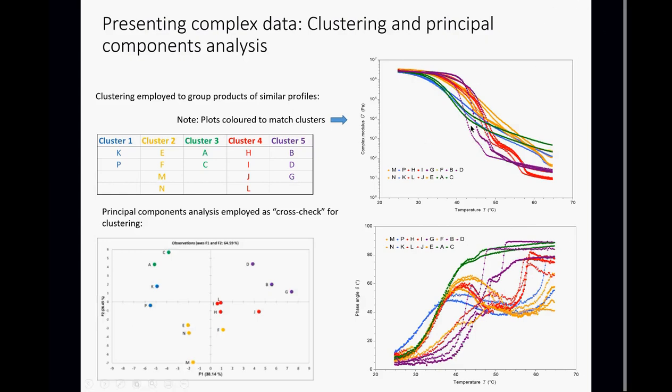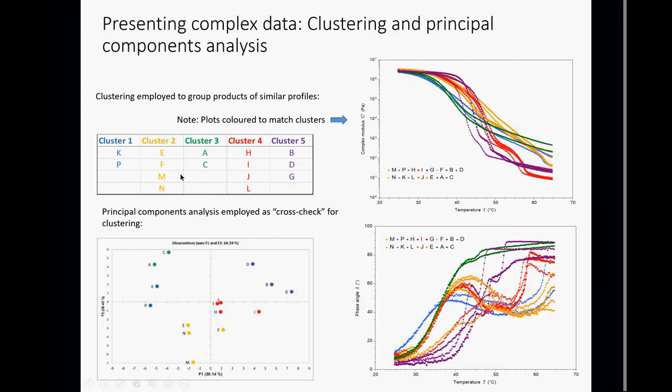I showed this data yesterday. These are some oscillatory temperature sweeps showing highly nuanced results. What we've done here is use 2 approaches. We've used a machine learning clustering algorithm, and we've used principal components analysis to decode and deconstruct this data and to group and cluster it.